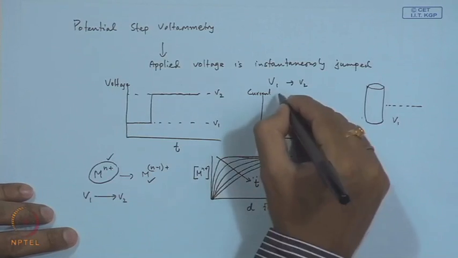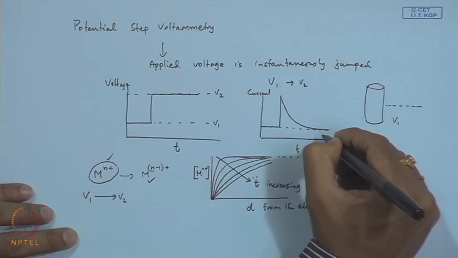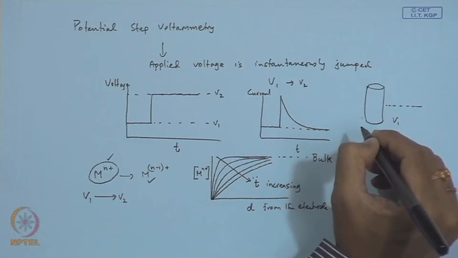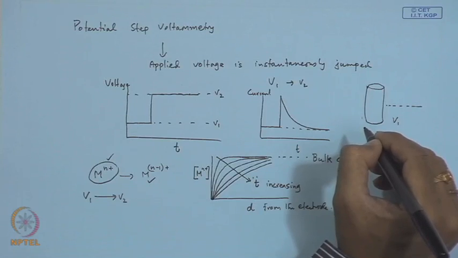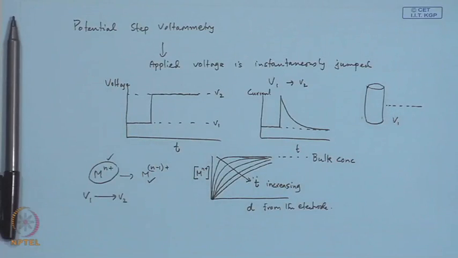Therefore, as time is increased, concentration gradient is decreased. Okay. So, from this the diffusion coefficient can be obtained using some standard relation. You can find out the diffusion coefficient for the ion to the electrode.